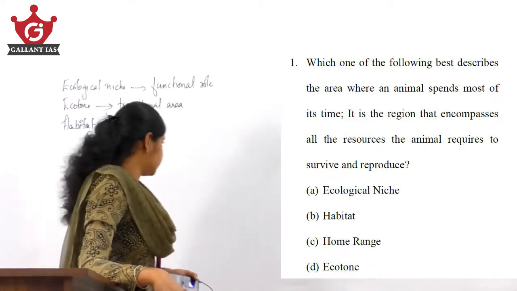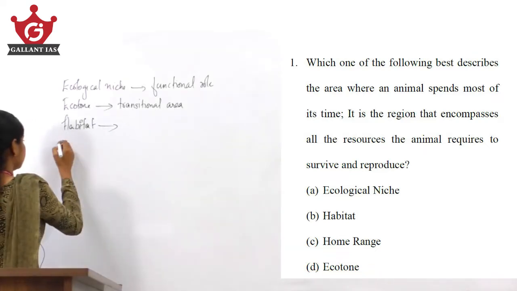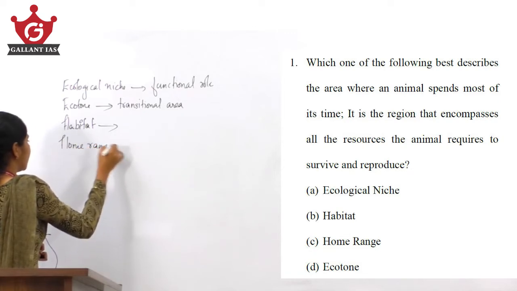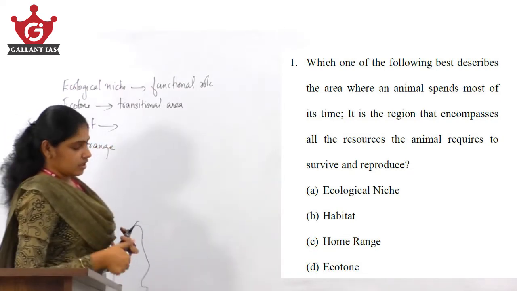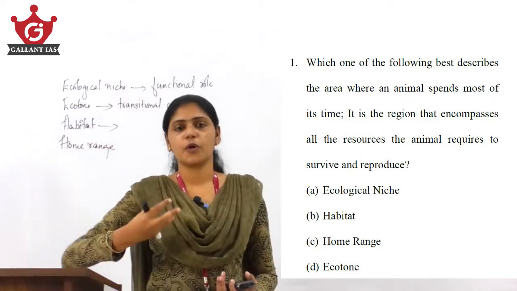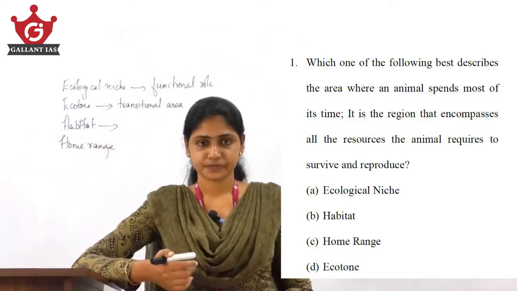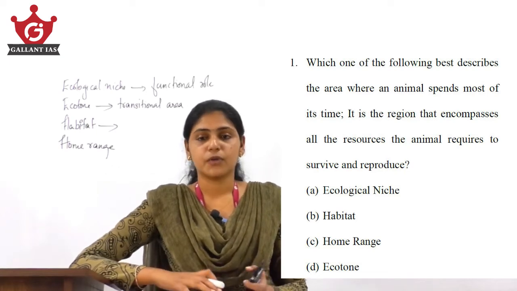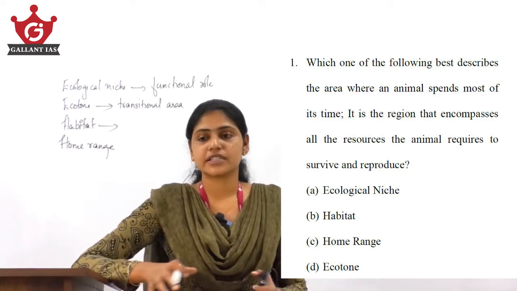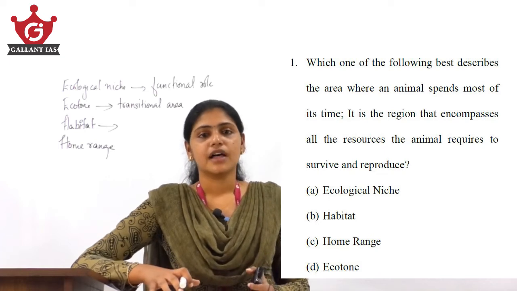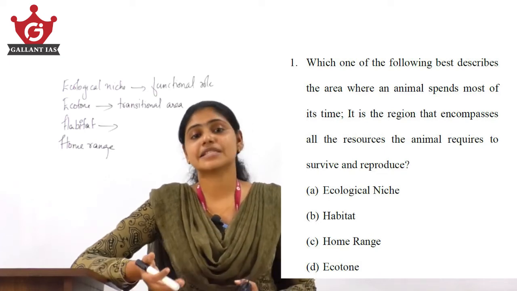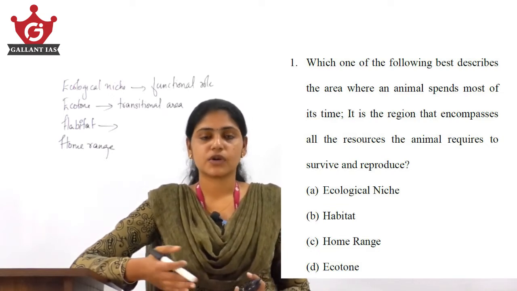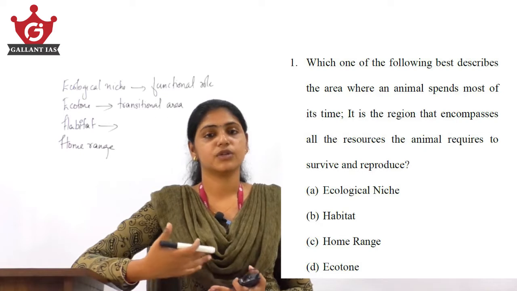So, home range. We have seen the basic definition of home range in our classes. What is home range? It is the area where the animal can survive, the range or extent of the area where the animal lives or spends most of its time and where it gets all the resources for its survival as well as to reproduce.